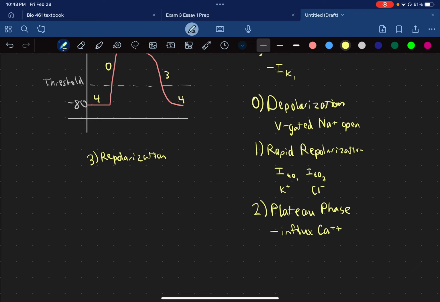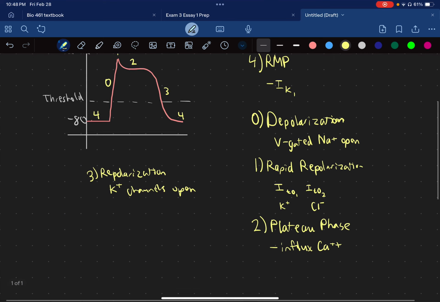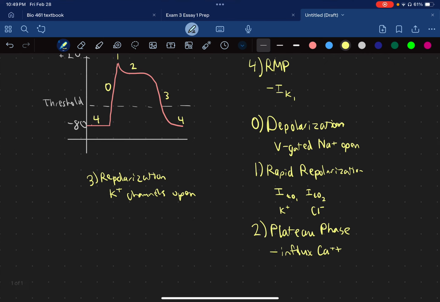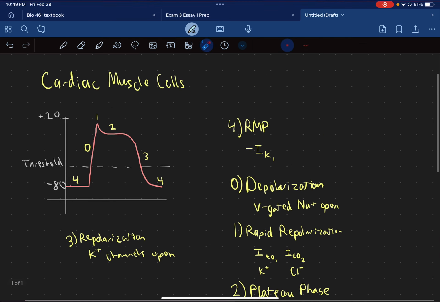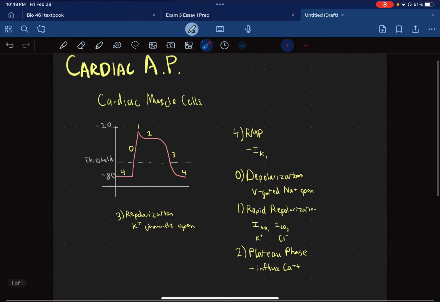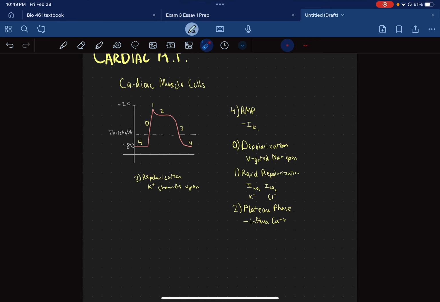And here, more potassium channels open, and as we cross over threshold, the calcium channels are going to close. RMP is going to be reestablished, and then our original current, these potassium channels here, are going to open up again, and so we're going to be back at phase 4. So that's our cardiac muscle cell action potential.